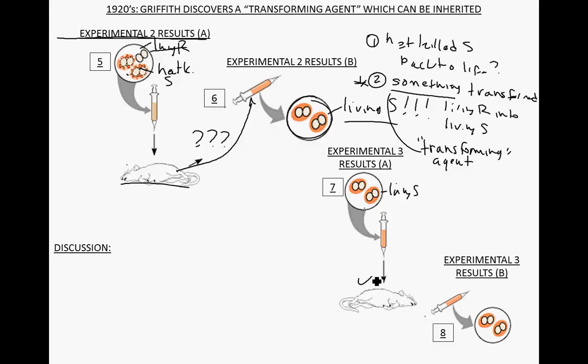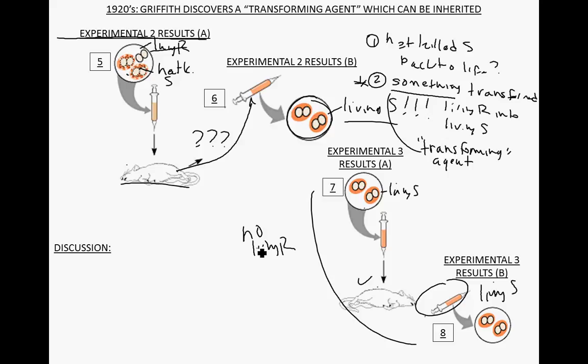And then what he did with those mice that were killed here is he extracted another sample from that, right, and found more living S. He found no living R in any of these, right? So no living R, right? So whatever that transforming agent was, he was finding that that transforming agent was then passed on to the next generations of these strep pneumoniae.